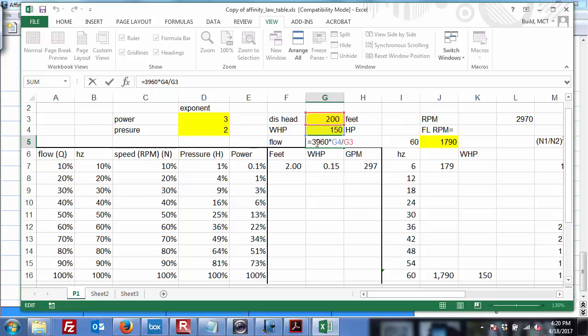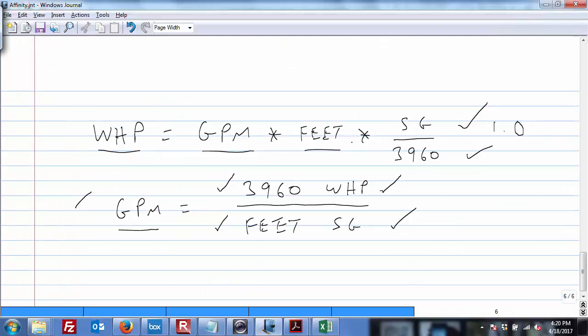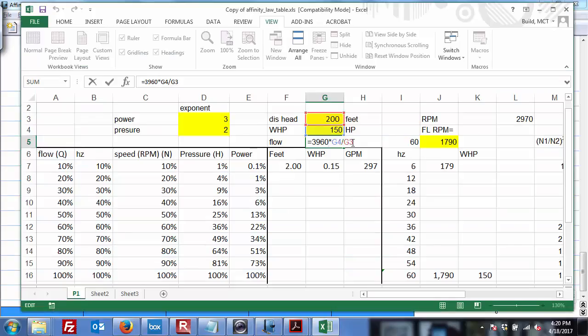I multiply it by the pressure, which is in G4, that's the pressure in feet, and I divide that by the power. I'm sorry, 3960 times the power, yep, divided by the pressure. Okay, so 3960 times 150 divided by 200 equals 2970 gallons per minute.